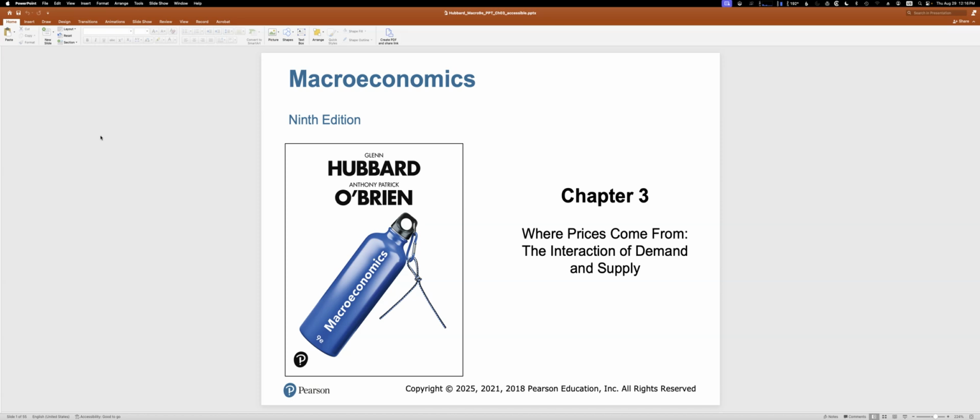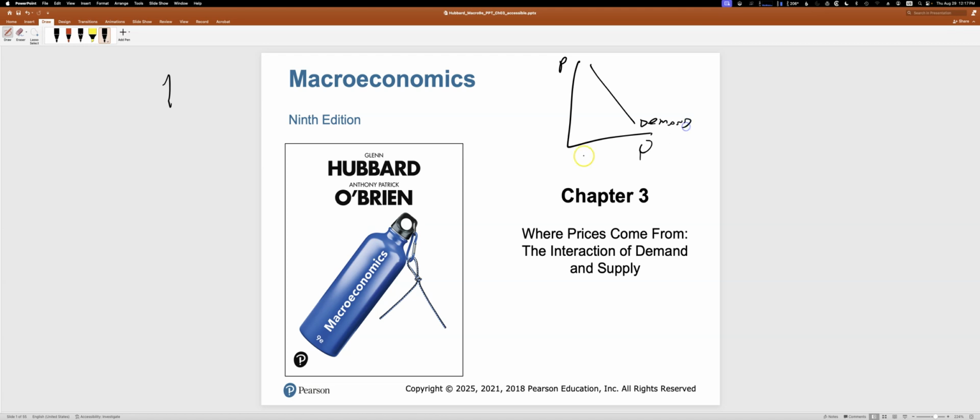The reason why markets are so important is because they tell us what the prices should be. So what we're going to see here is that we're going to talk about products like a house.